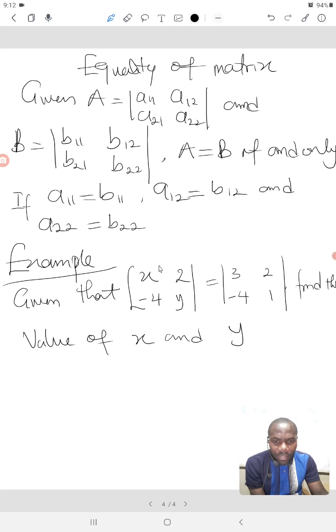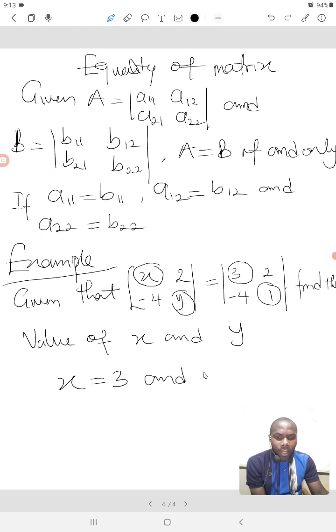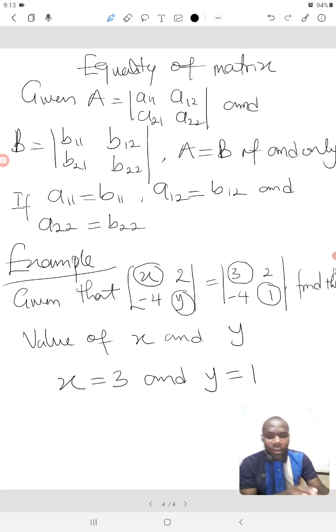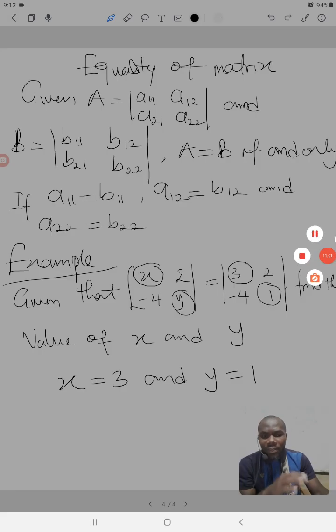So it means x will be equal to this and y will be equal to this. Therefore, x is equal to 3 and y is equal to 1. So that is just the meaning of equalities of matrix.